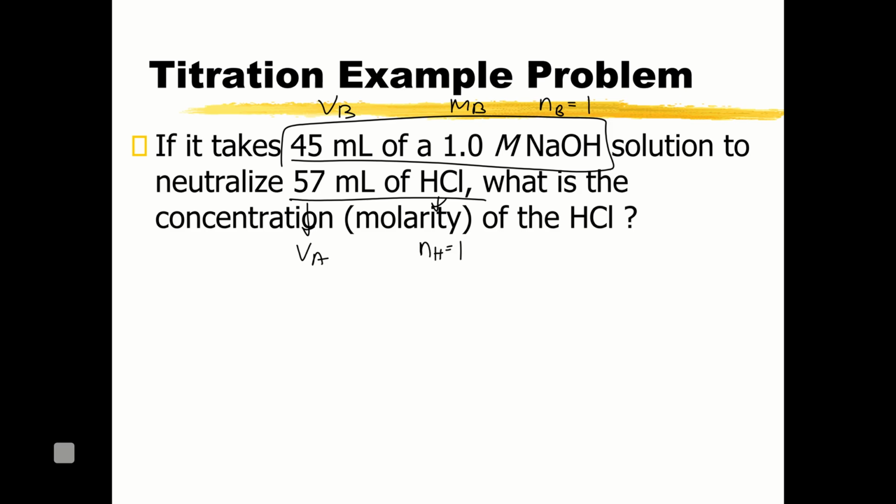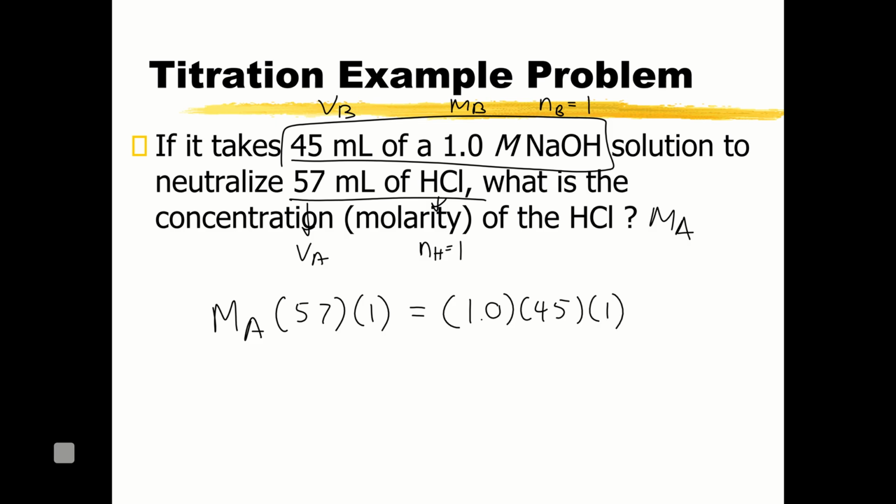I wanted my MA, is what I'm looking for, so I'm setting this up again the same way. MA times 57 times 1 equals 1 times 45 times 1. So 45 divided by 57, pretty easy one here. I get 2 sig figs. Molarity of my acid will be 0.79 molar.